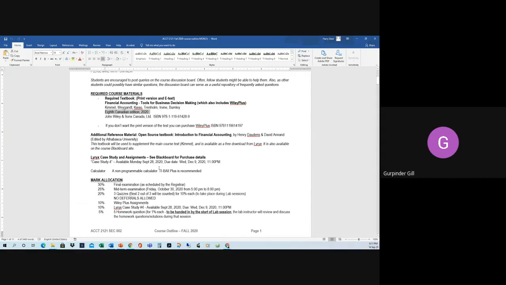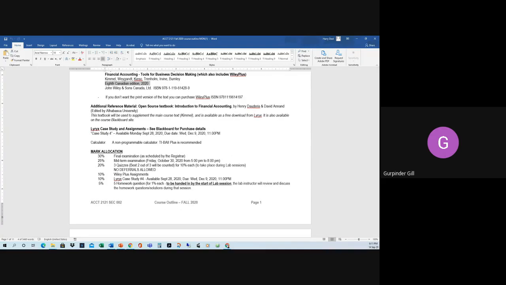Now, this is your marks allocation. There will be 30% allocated to your final exam, which will be scheduled by the registrar's office, and we'll let you know the details as and when that's finalized. 25% is for the midterm exam. That is on Friday, October the 30th, between 5 and 8. The exam is online. All the exams for this semester are online.